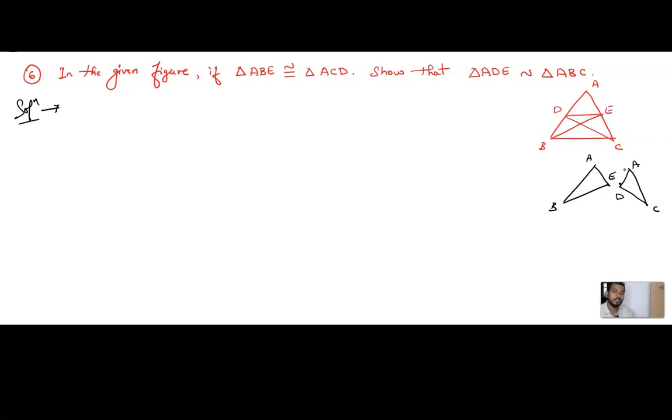So this is the given problem. Both the triangles are congruent. Now we have to prove that triangle ADE, the top triangle, is similar to the bigger triangle ABC.